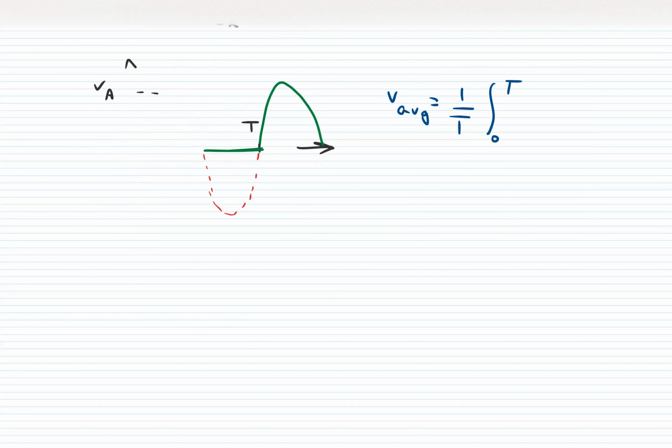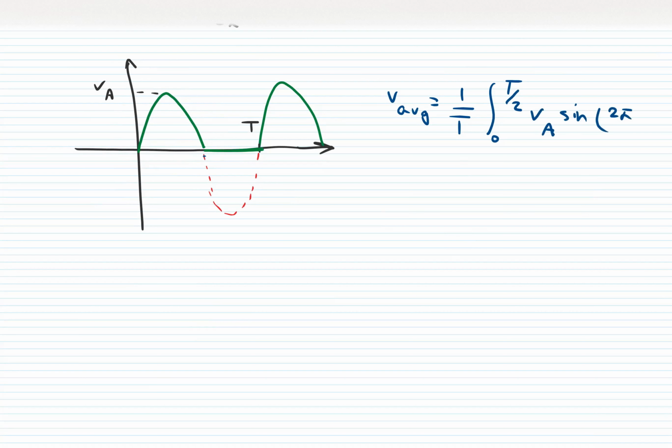For half of the period, we have the signal, so instead of calculating the integral for one period, we calculate it for half of the period, because the other half has no signal. So from 0 to T over 2, VA sine of 2 pi t over T dt.